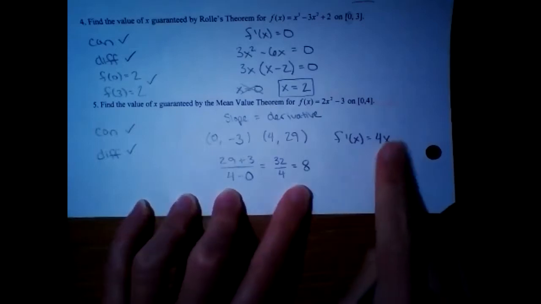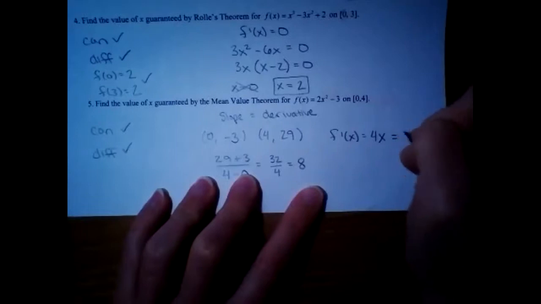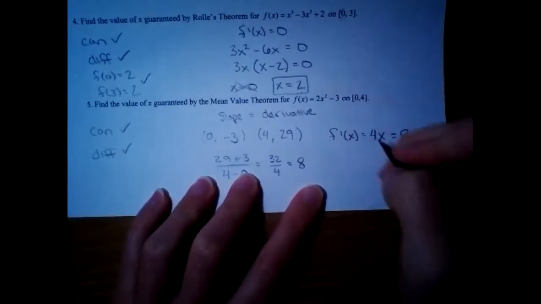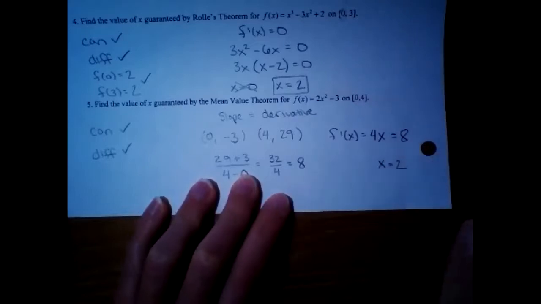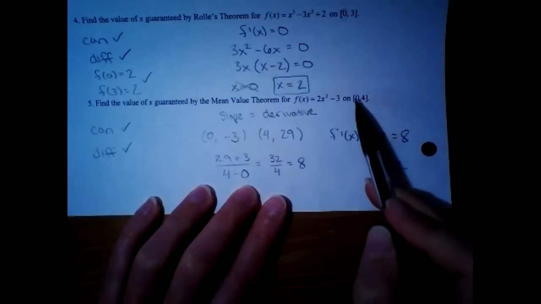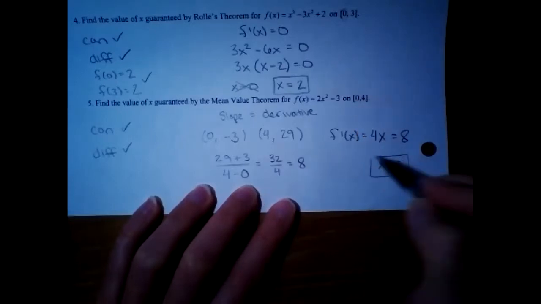And so this is our instantaneous rate of change. This is our average rate of change. I'm just going to set those equal. And then when I divide by 4, I get x is 2. And then lastly, you just want to double check that that is on the interval, and 2 is within that interval, 0 and 4. So we're going to keep that as our answer.